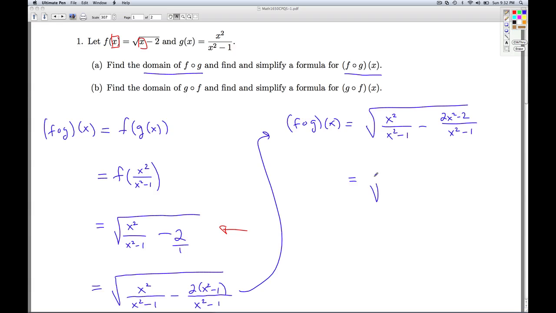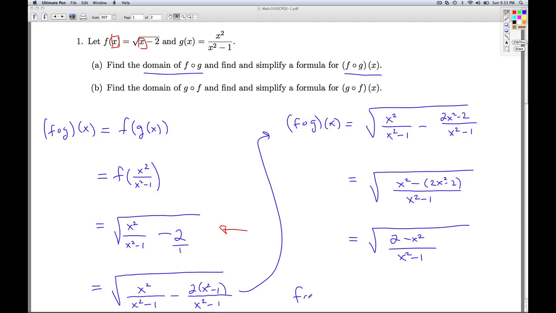Now that I have the same denominator, I can go ahead and subtract the numerators. So I have x squared minus this entire numerator, so we need parentheses there. So I get the square root of x squared minus 2x squared plus 2. That's going to give me the square root of 2 minus x squared over x squared minus 1.